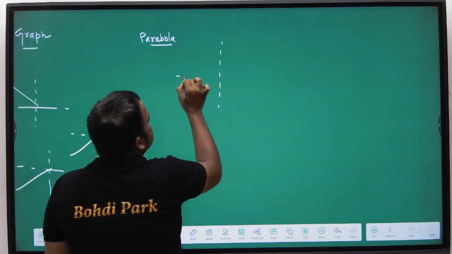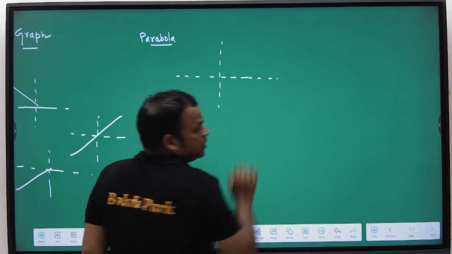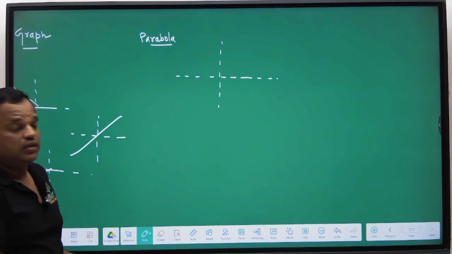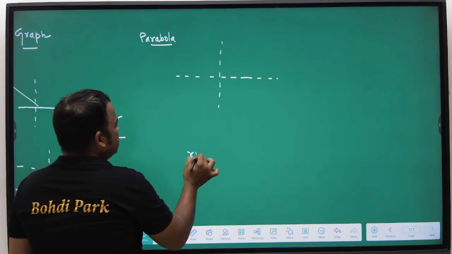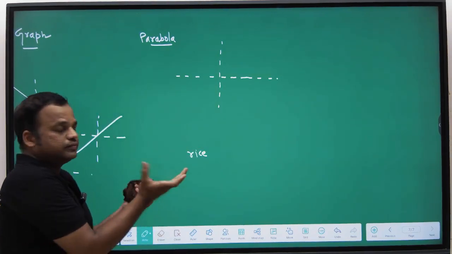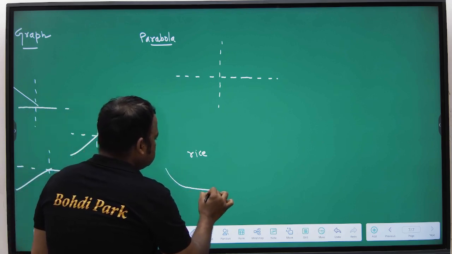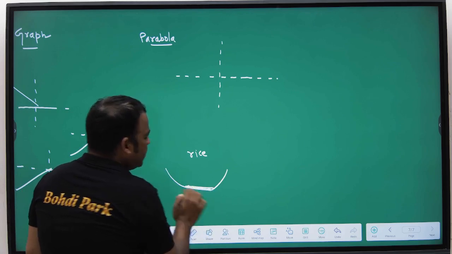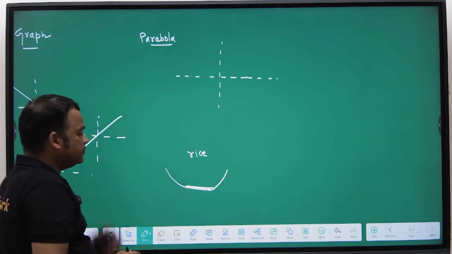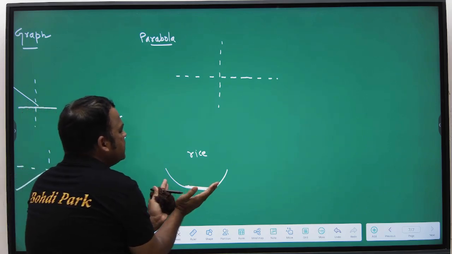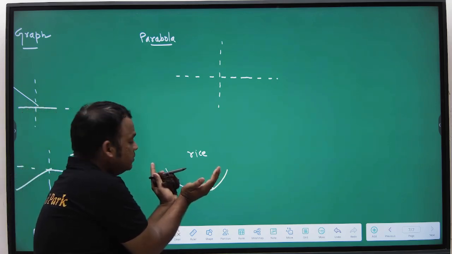This is y-axis, this is x-axis. So it is like a bowl. Suppose when we eat rice in a bowl, the bowl is of this shape. The base is flat, and it opens like this.